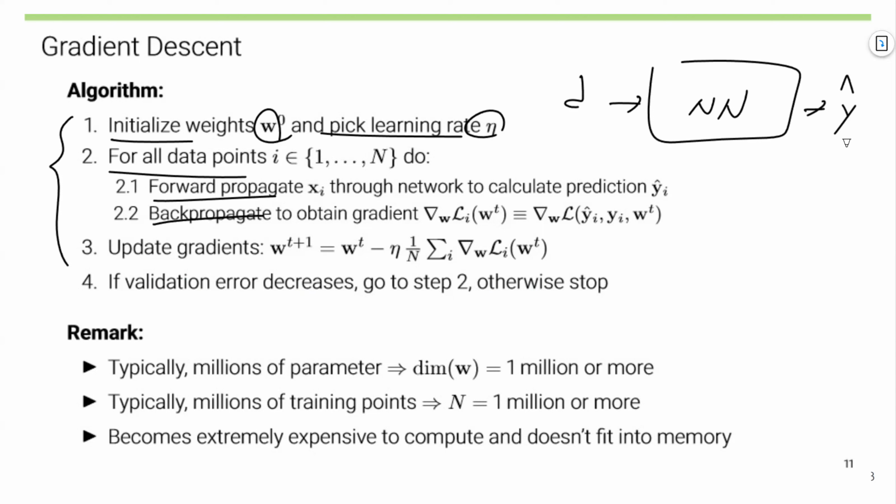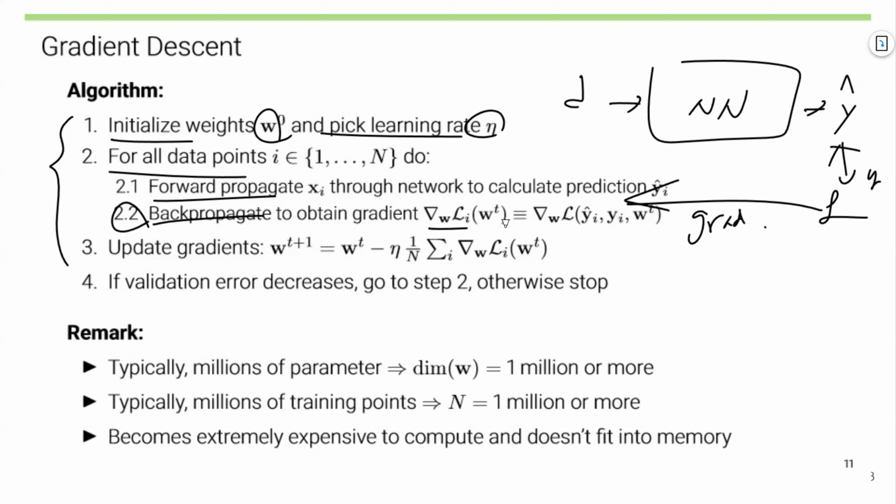Here it just says we need to do the backpropagation. However, before 2.2 backpropagation, we calculate a loss comparing the true y and y hat. And after that, we do backpropagation to calculate the gradient.